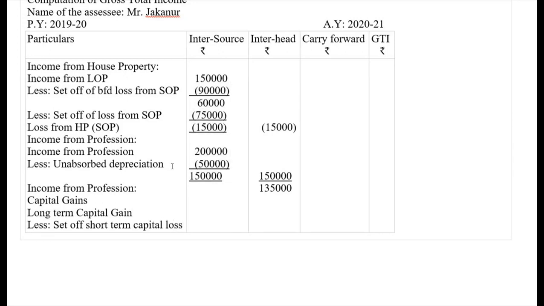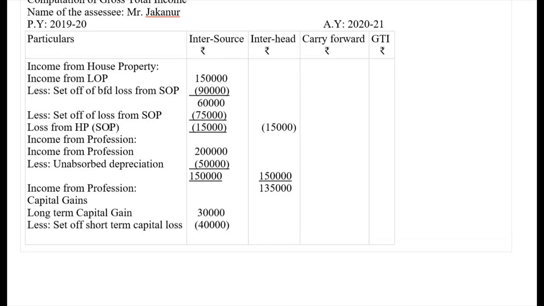So now let's put the values here. The long-term capital gain given in the problem is rupees 30,000, against which we can make adjustment of this 40,000 loss.